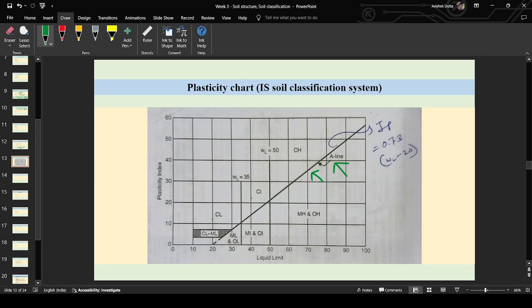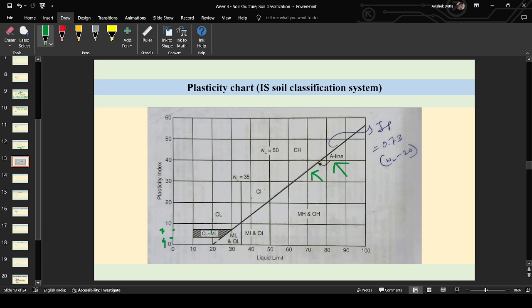We'll go here. This is the 20% liquid limit, and this shaded region falls between 4 to 7 plasticity index. If you go up, 6 falls here. And what is this region? This is inorganic soil, obviously. C and L, boundary condition, clayey and silty soil with L. L means C and M, clayey and silty soil, and L means low plasticity. Liquid limit less than 35 is low plasticity.